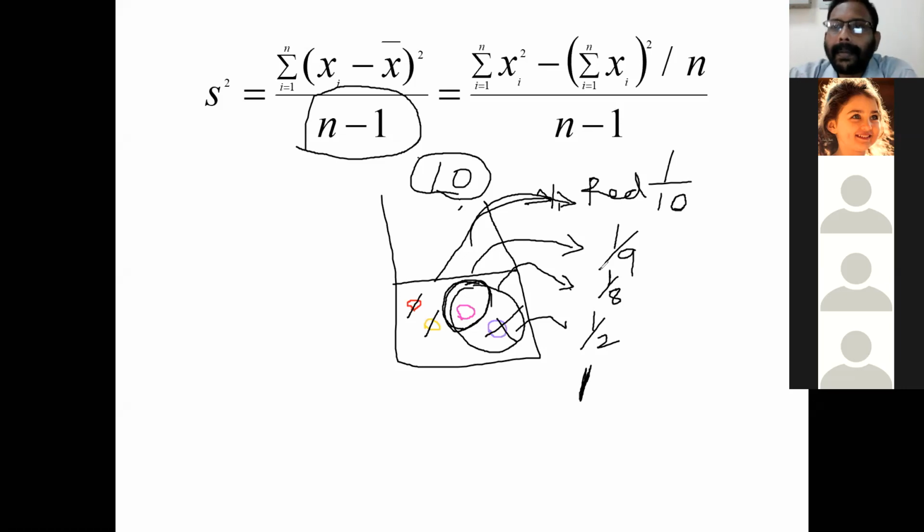Because if you put your hand into the box, how many balls are remaining? Only one ball is remaining. So some way or other, you'll have to take the same ball. No other choice. So is this ball dependent or independent? Dependent. It is called dependent.